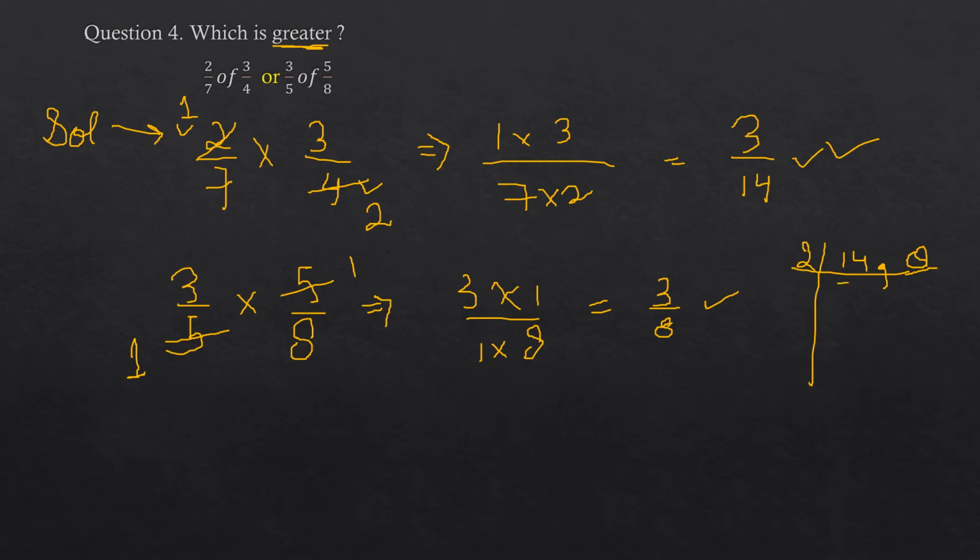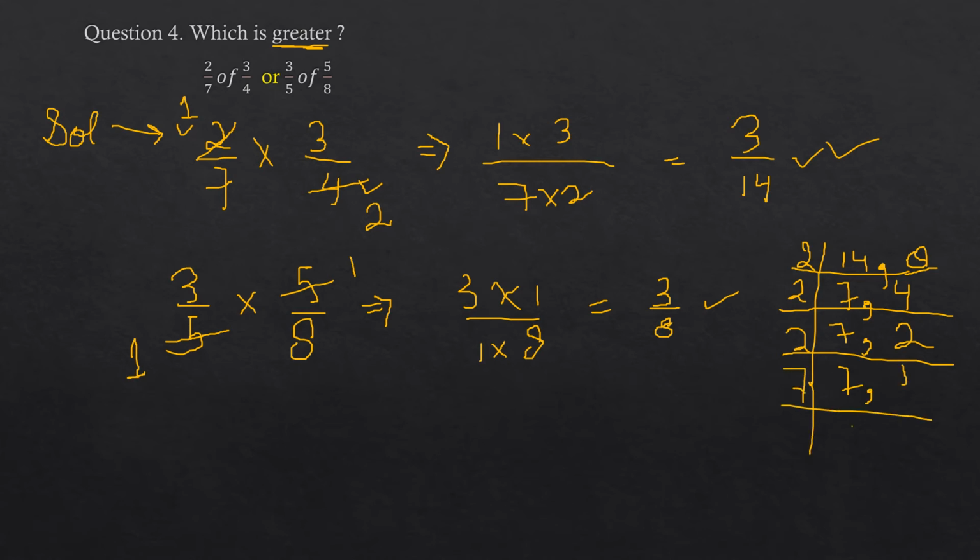2 sevens are 14 and 2 fours are 8. Again we can use 2, 7 will be written the same, 2 twos are 4. Again we can use 2, 7 will be written the same, 2 ones are 2, and lastly we have 7, so 7 ones are 7. Now we will get the LCM.